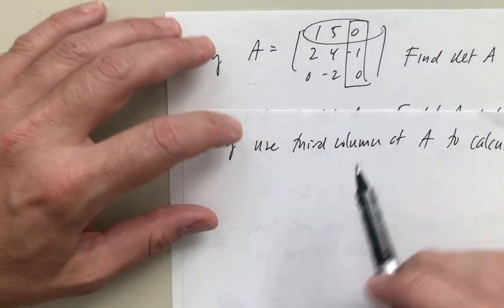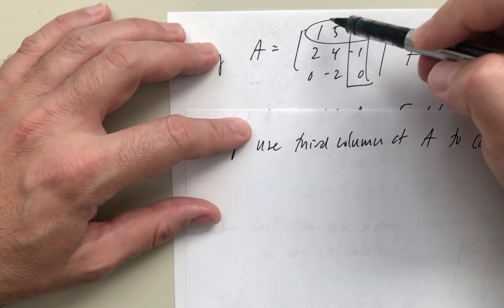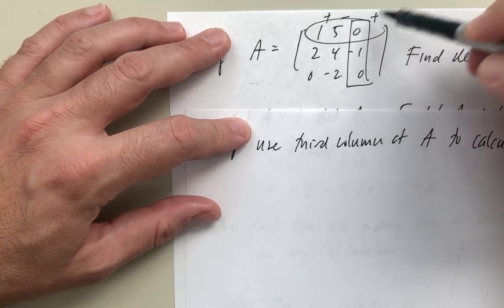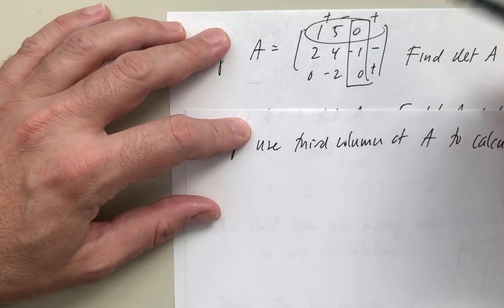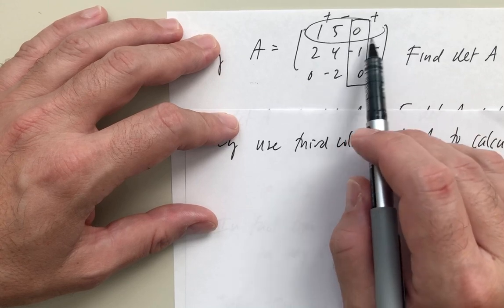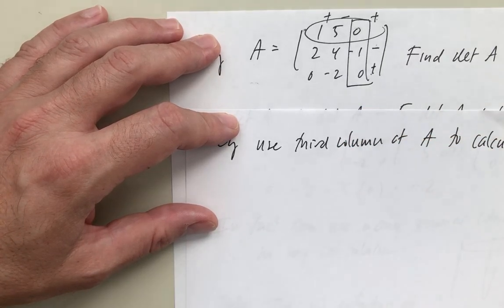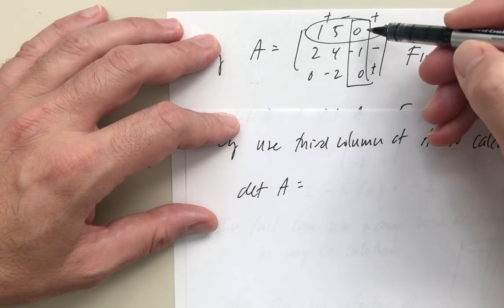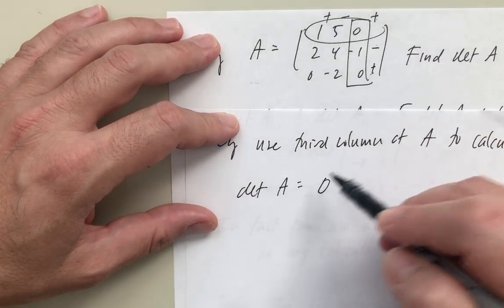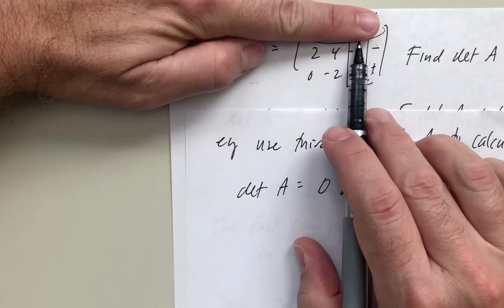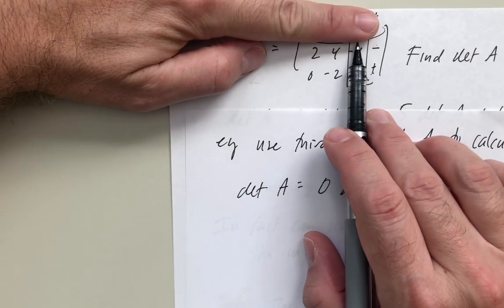In terms of that plus minus pattern, there's a kind of hidden checkerboard of pluses and minuses here. So I'm going to use that first entry of the column with the plus minus pattern that I see here. So det A is going to be, going along this column, well, it's just 0 times the det of the thing that I see by removing the first row, third column.